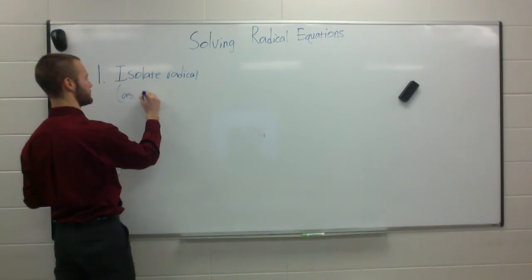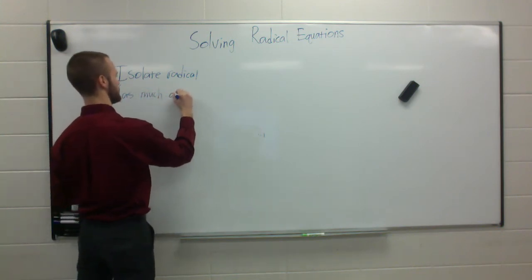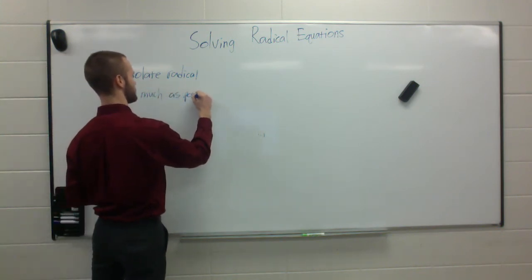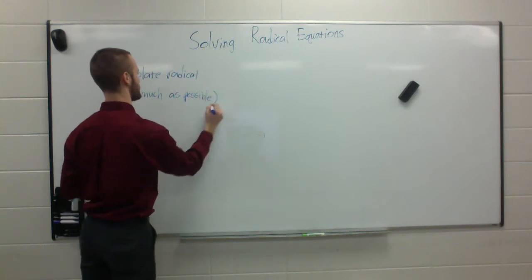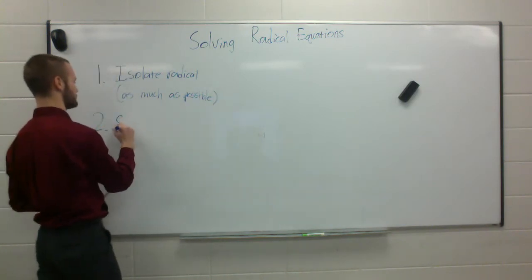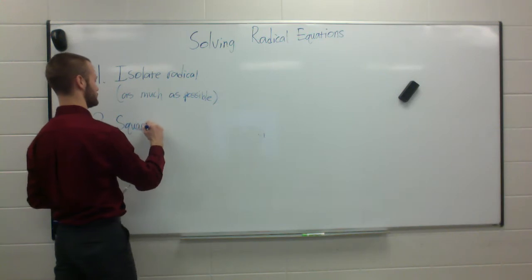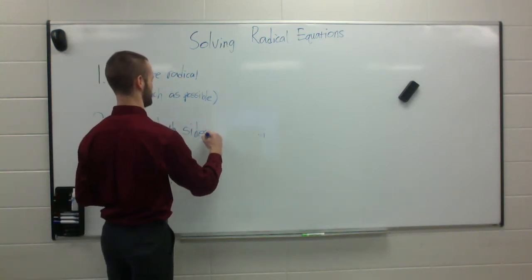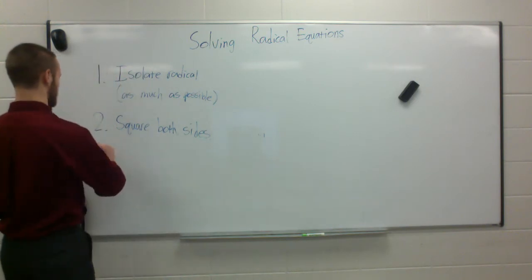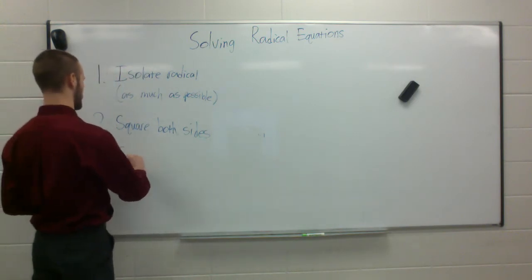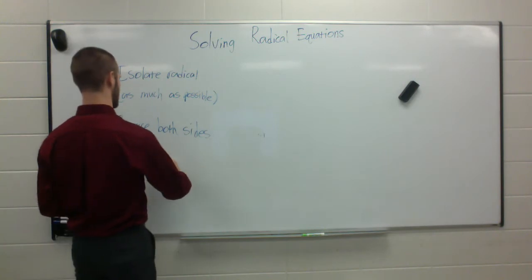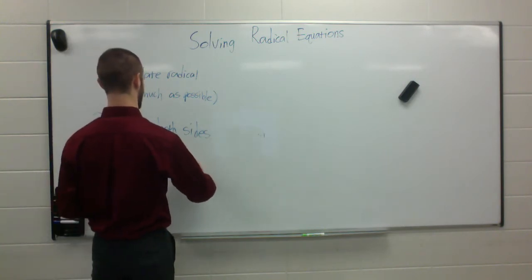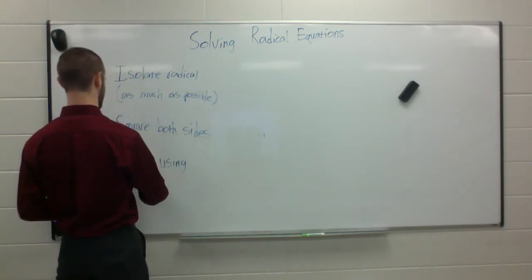There's sometimes you can't completely isolate it, but you can get close. You'll square both sides. And then you'll solve, because at that point you will no longer have a radical. So solve using previous knowledge.